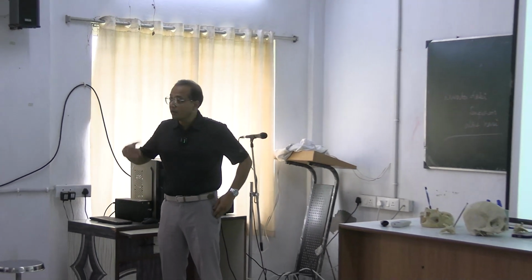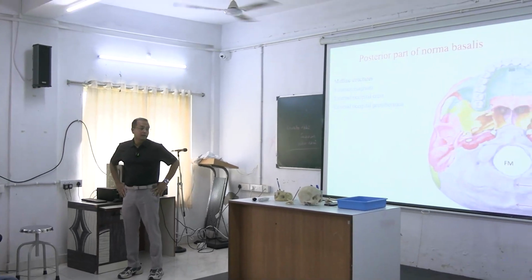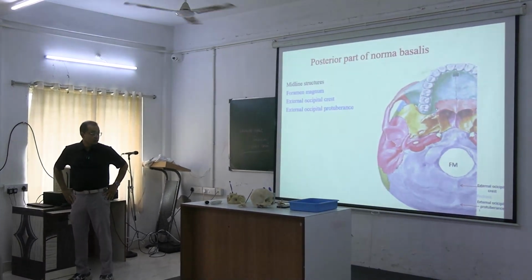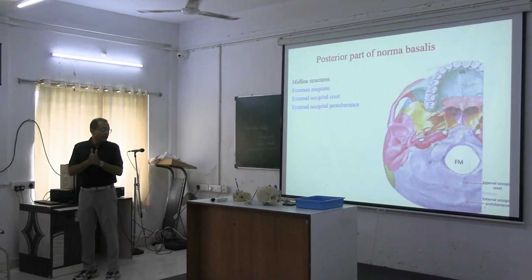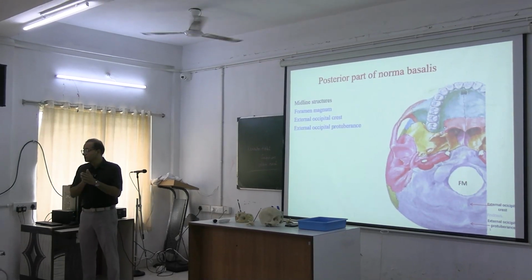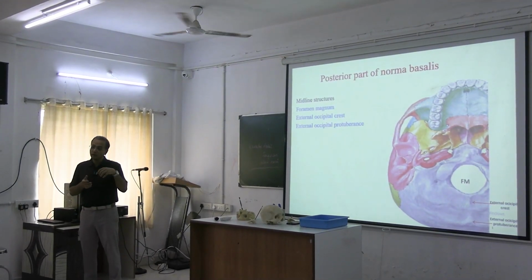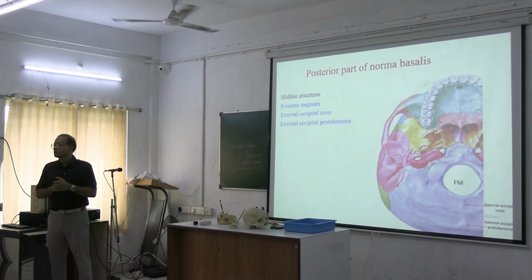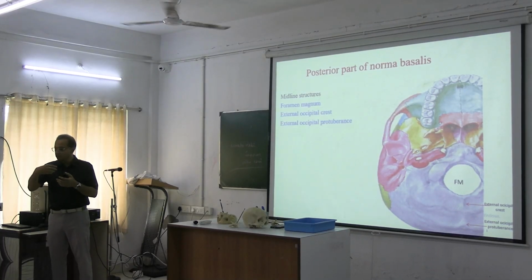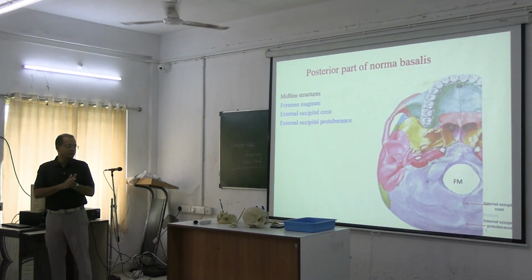The squamous part is above, and the mastoid part is down, projecting posterolaterally. Laterally we have the zygomatic process. Inside we have the petrous part, which has two parts, apex and base. In between we have the body of this bone.